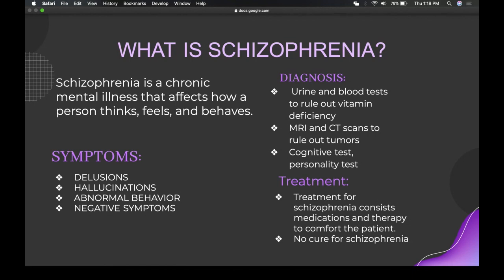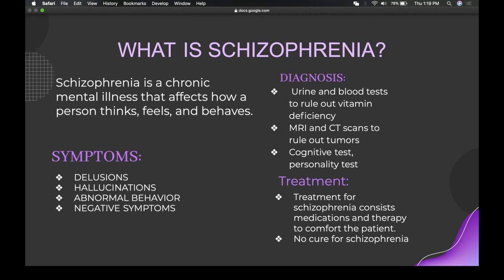And then for the diagnosis of schizophrenia, people would usually run urine and blood tests to rule out vitamin deficiency. They would do an MRI and CT scans to rule out tumors, and do cognitive tests and personality tests.